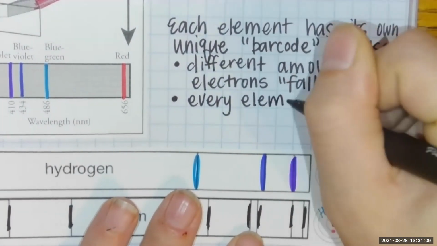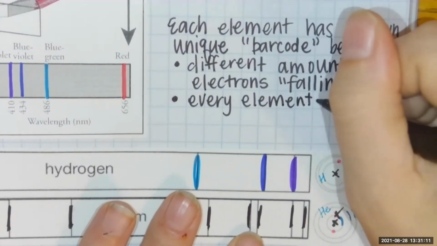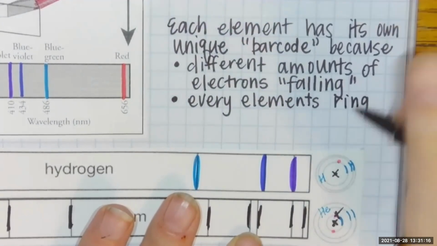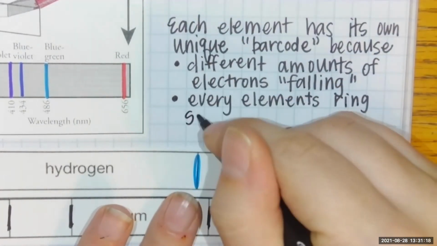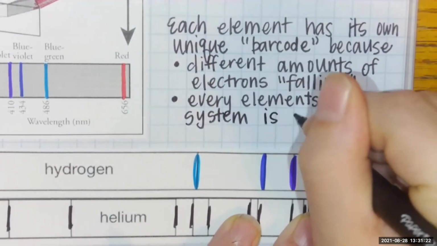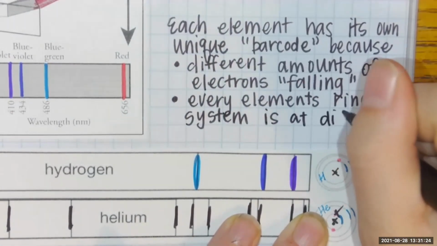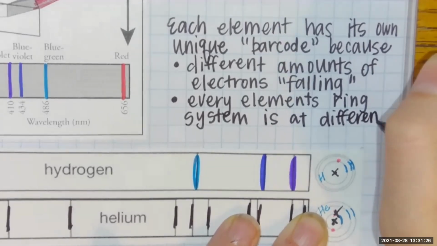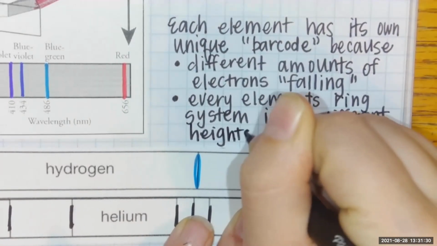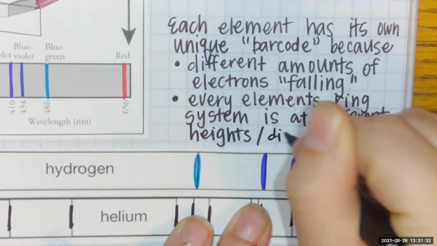every element's ring system is at different heights that it's falling, or maybe I'll say distances.